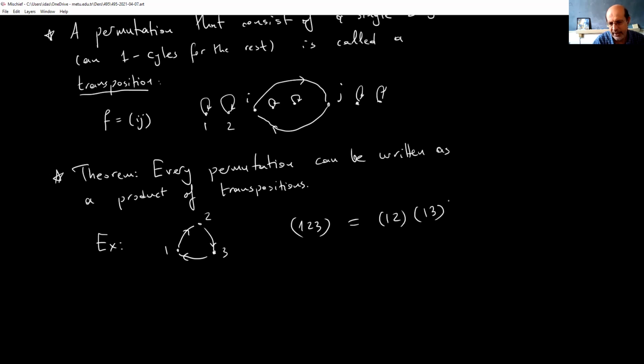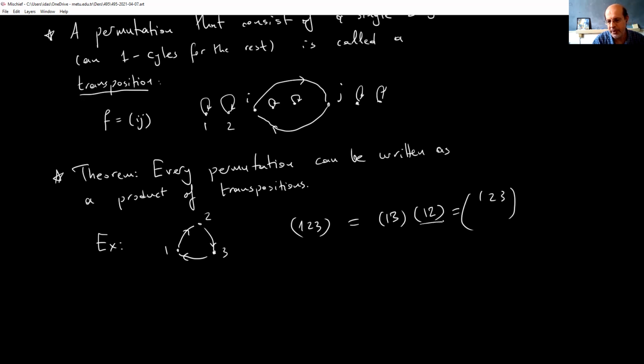Can I do that? Let me check this. This is a permutation that sends first 1 into 3. No, that's not the correct one. Sorry about this, I'm changing the notation. I wrote this because I didn't have any idea what I was writing. So I'm writing the correct thing here.